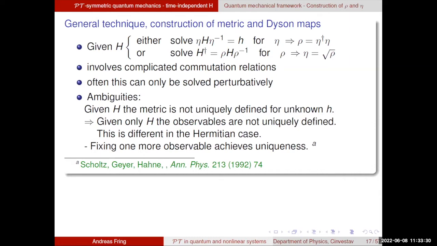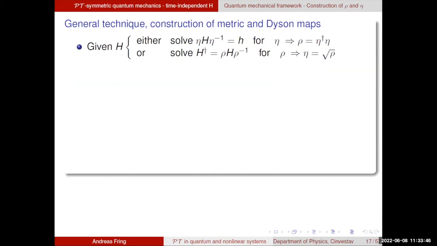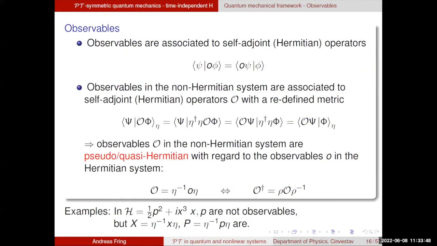In the previous slide, you talked about the observable. What is the meaning of this new X, capital F and capital P? Is it the same as in the Hermitian system? If small o, so the original example was small h, which was the energy in the non-Hermitian system, this is the energy, the non-Hermitian Hamiltonian.